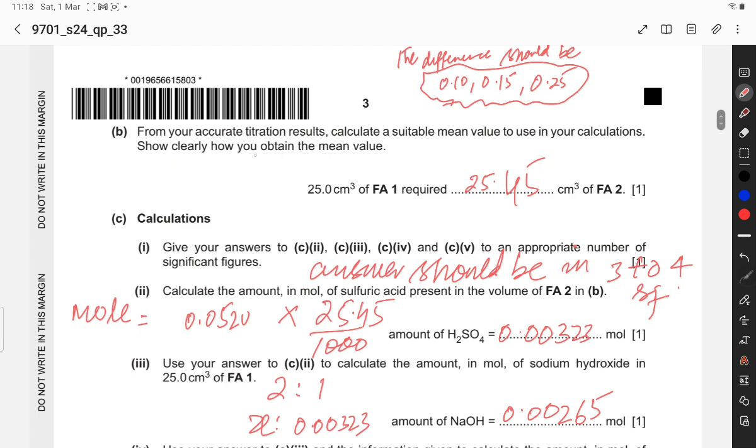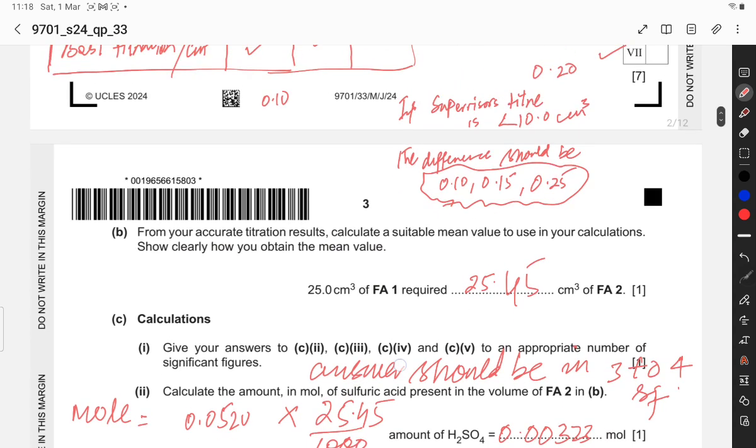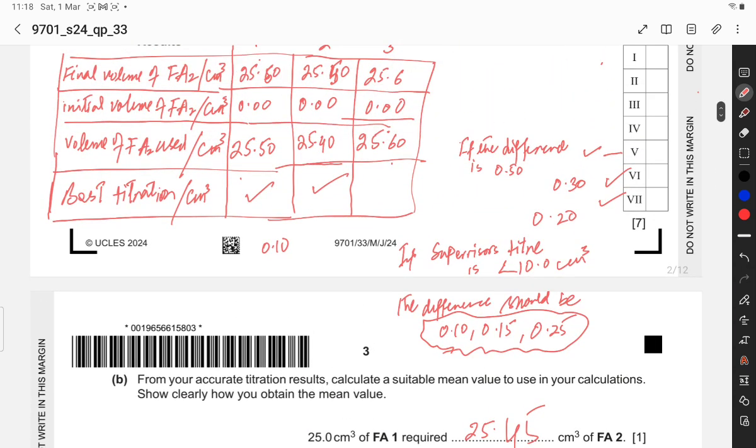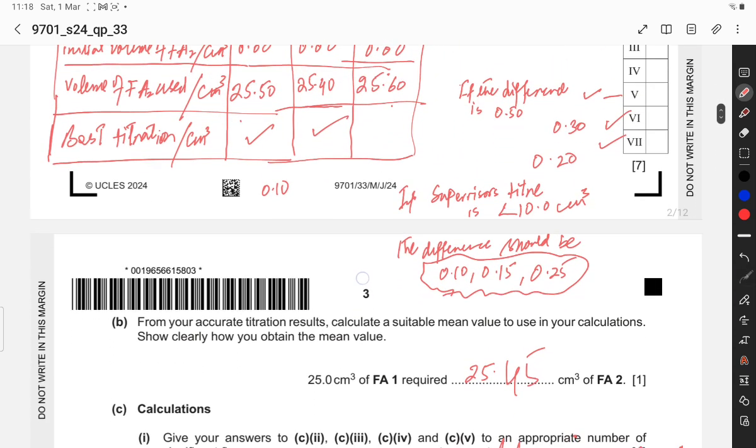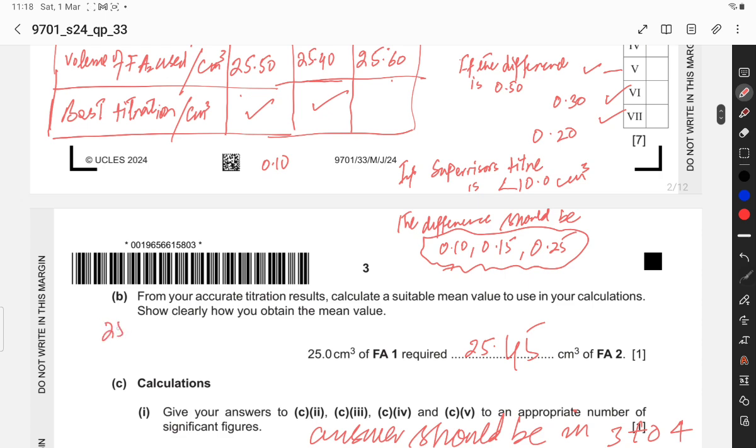From your accurate titration results, calculate a suitable mean value to use in your calculations. Show clearly how you obtain the mean value. So now we have these two consistent readings, 25.50 and 25.40.